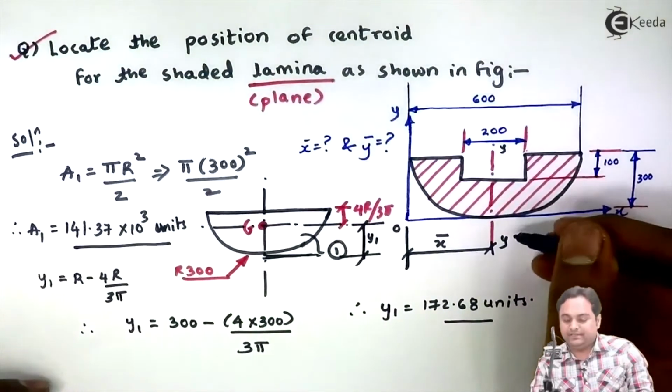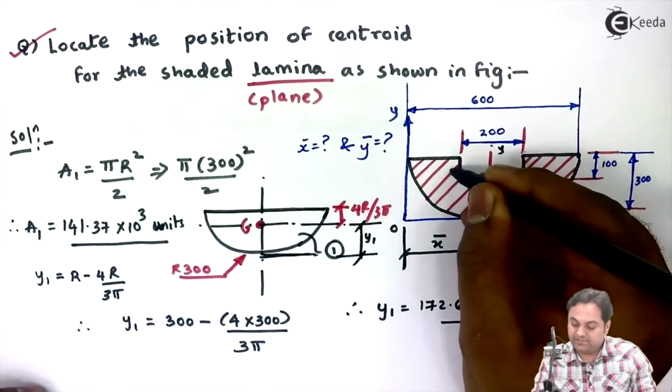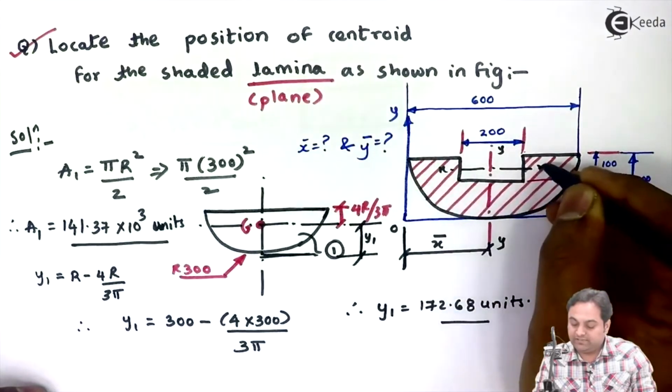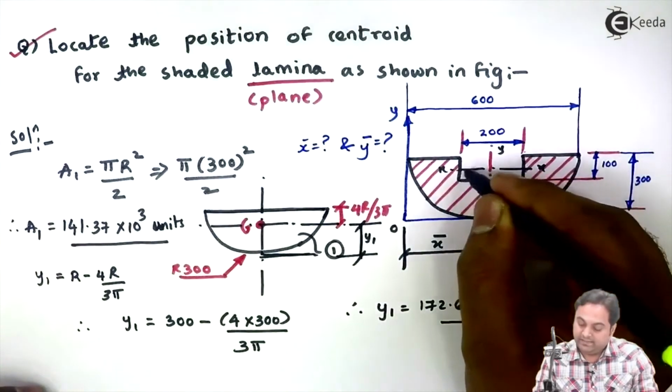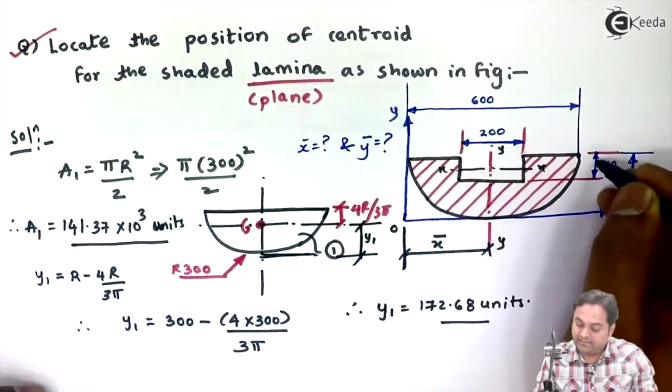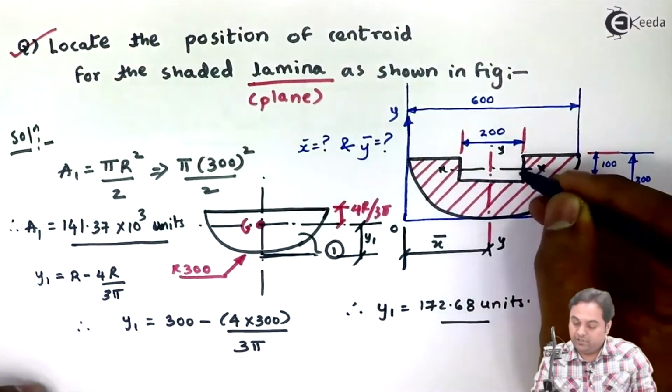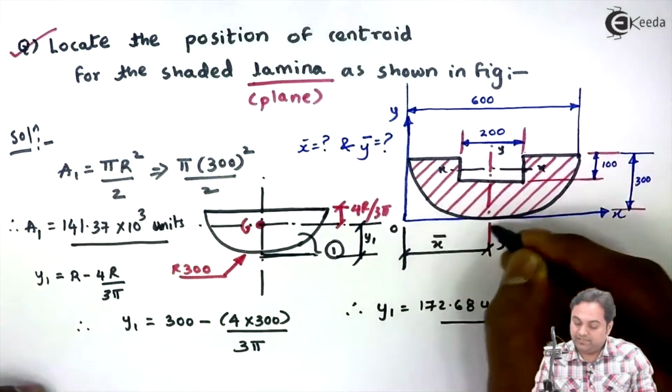Here Y2 indicates the x-axis for this rectangle, and the centroid of the rectangle is located at half of the height, 100, so half of that, it means it is 50 mm from here, but we want to calculate the distance from the x-axis.